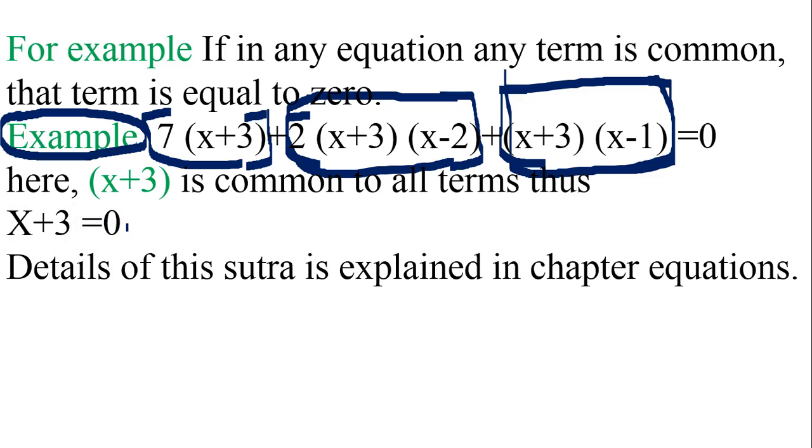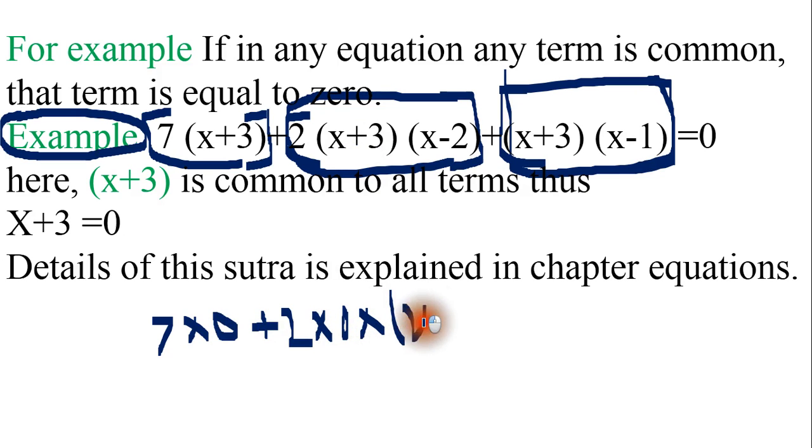I hope it is very clear. There should not be any doubt in this. If you use this, then you know what the answer will be. It will be 0 only. How? If you take 7 into this, which is 0, plus 2 into 0, and once again you got x minus 2 here.